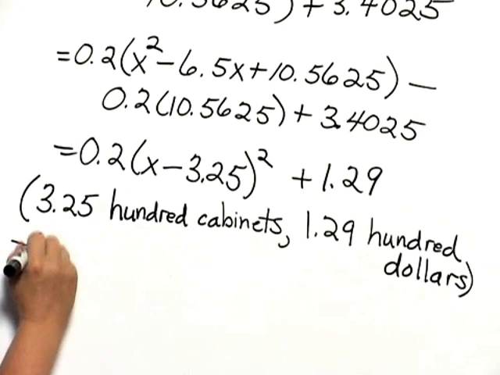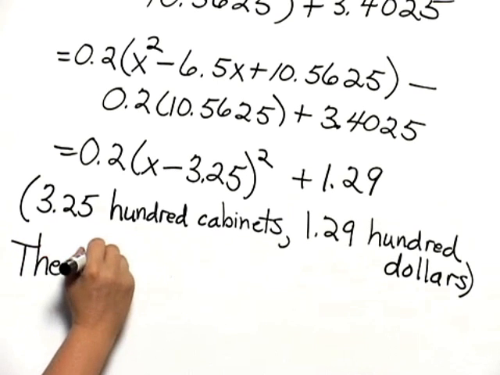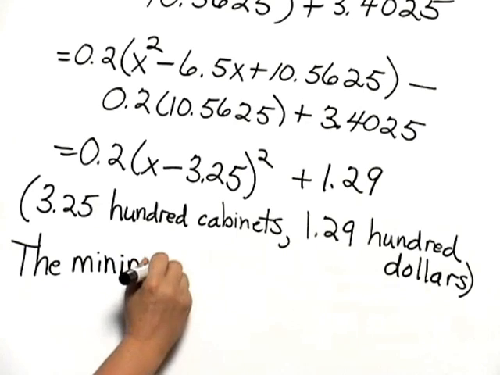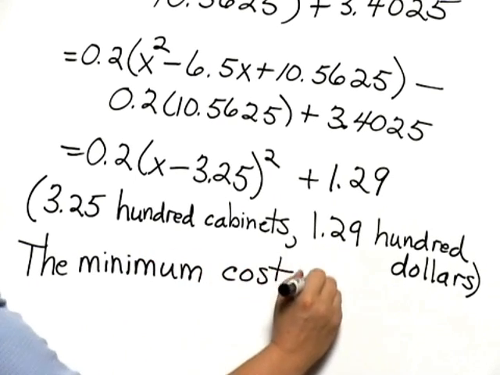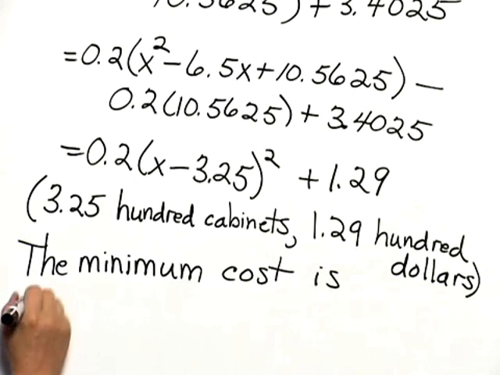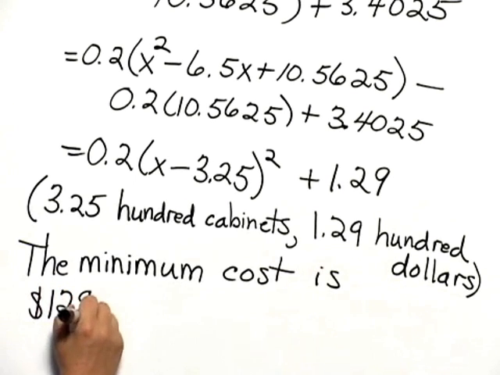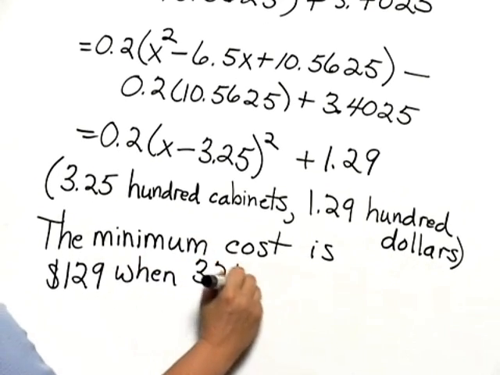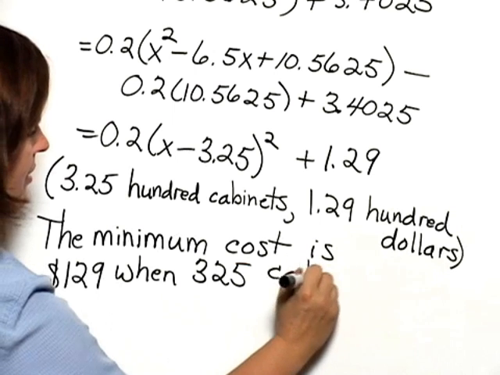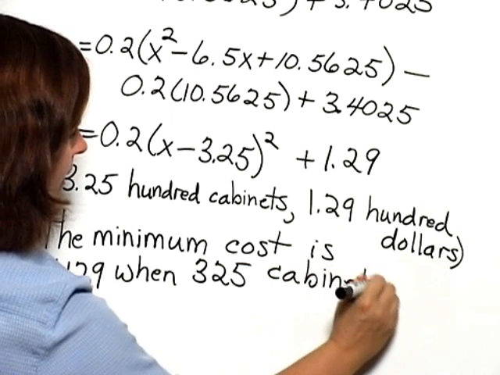So I can state that the minimum cost, which is the f(x) coordinate here, is $129 when 325 cabinets are built.